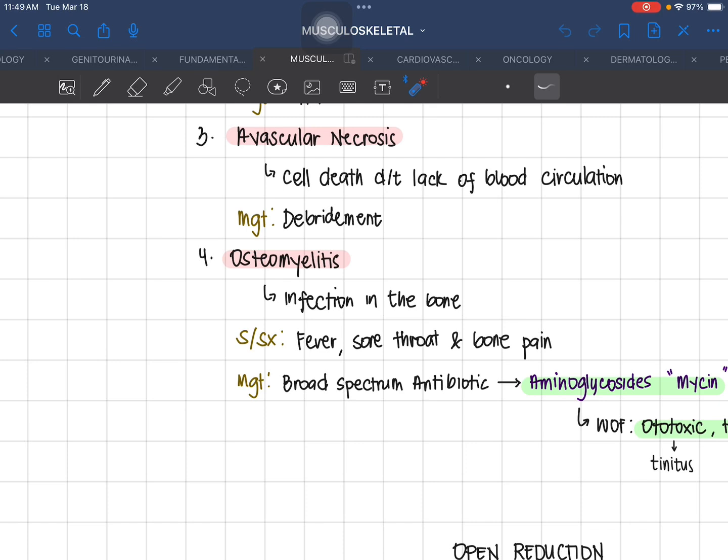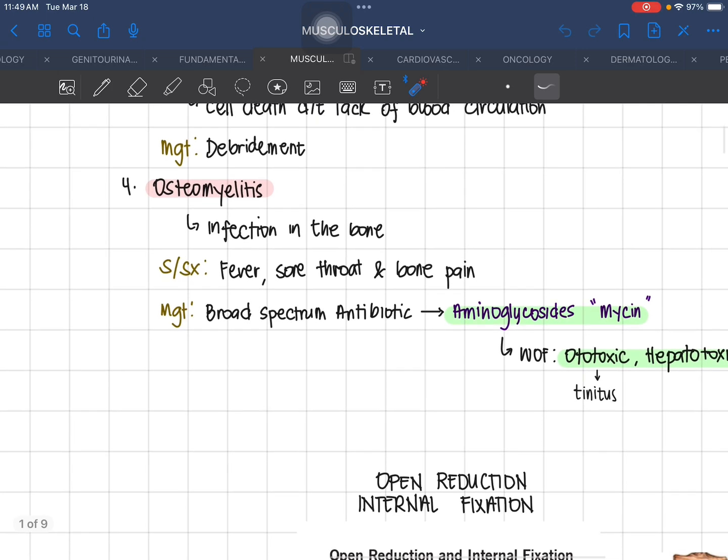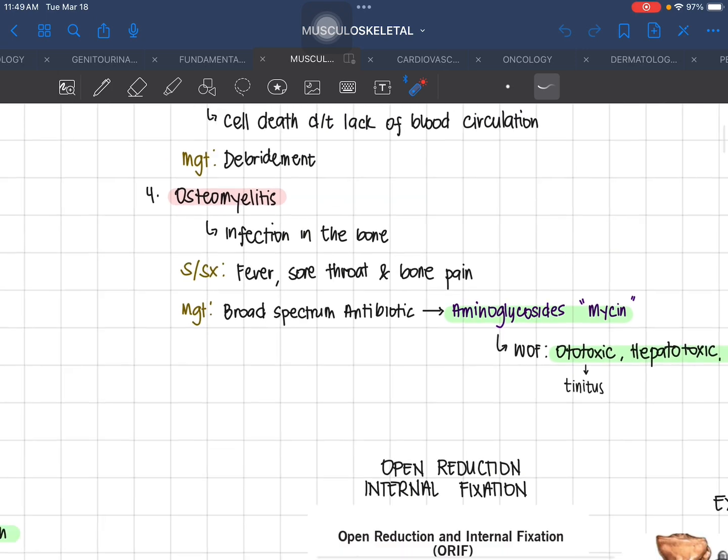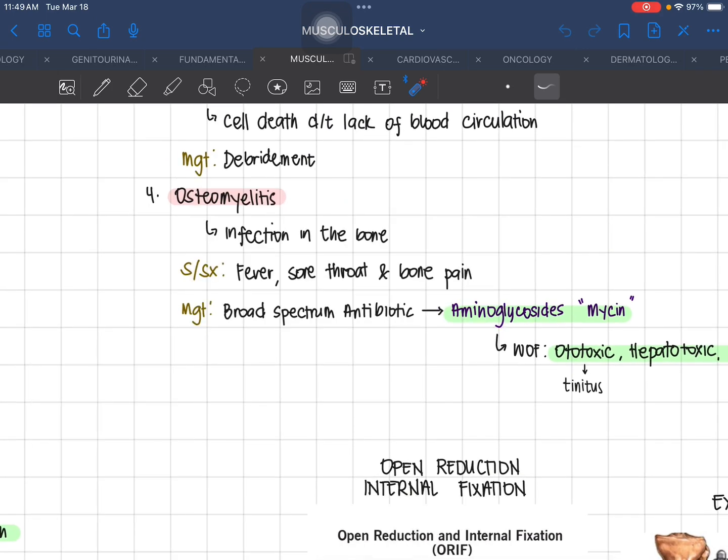Itis, of course, pag itis, infection yan. So, osteomyelitis is infection in the bone. Signs and symptoms, automatically, kapag may infection is sore throat, fever, and of course, dahil apektado ang bone, pain. Ang management natin sa osteomyelitis, dahil nga infection siya, automatically antibiotic.